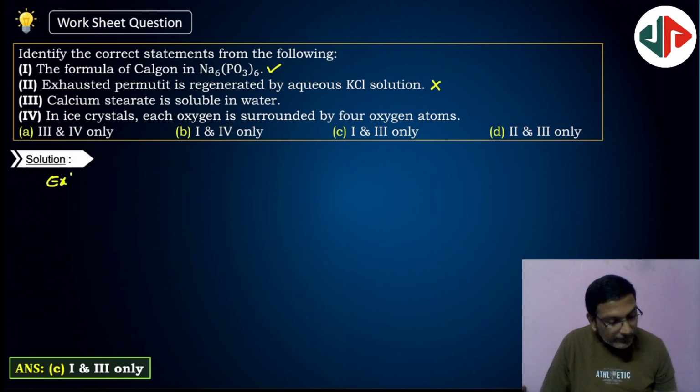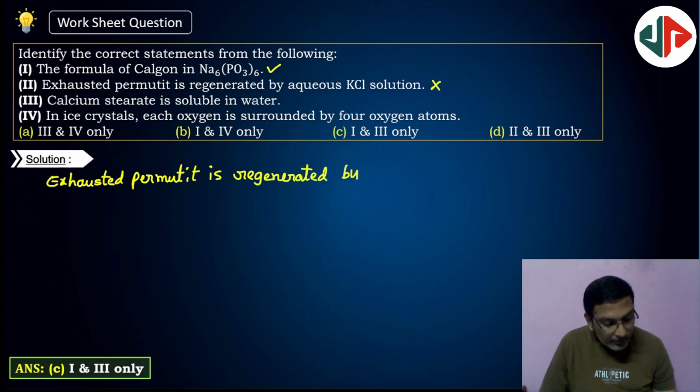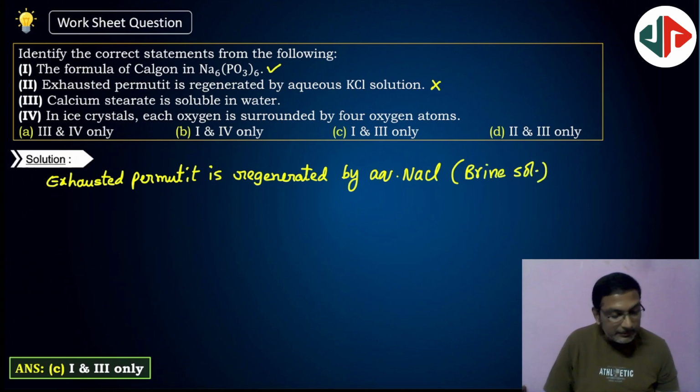Exhausted permutit is regenerated by aqueous NaCl solution, which is brine solution, not by KCl.